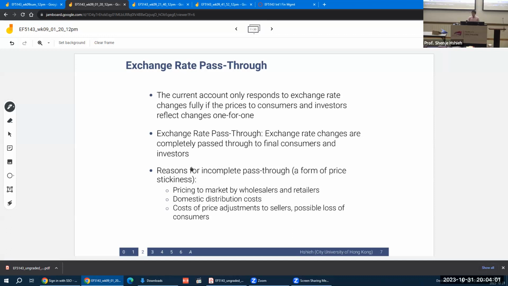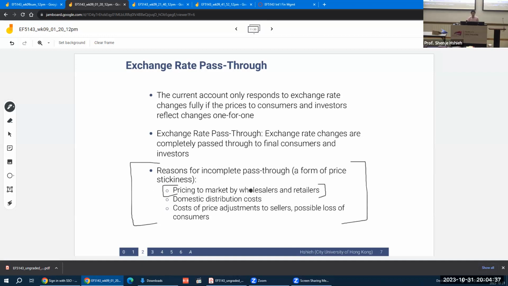So let me give you some reasons why there may not be complete pass-through from exchange rates to output. And this is relevant to what has been going on since COVID-19. A lot of people were confused why there was not a stronger reaction in price levels early on in the COVID-19 pandemic, when all countries coordinatedly increased their money supply crazily, right?